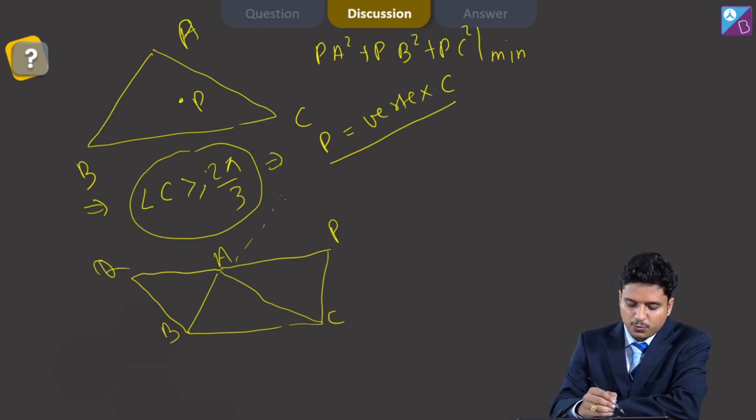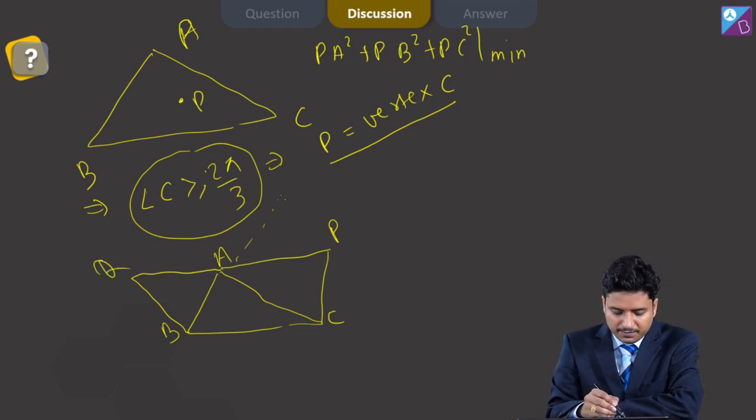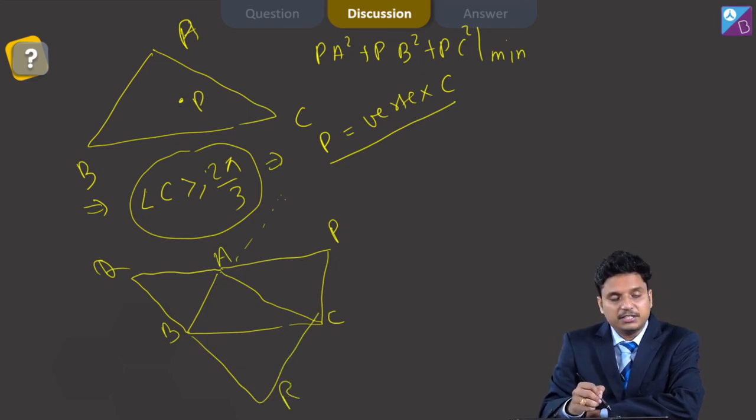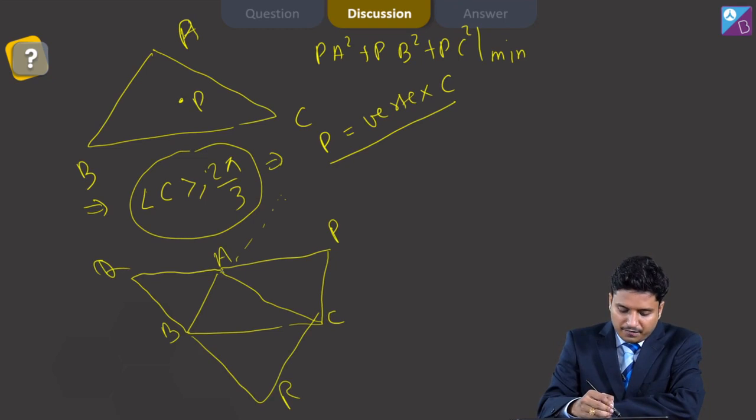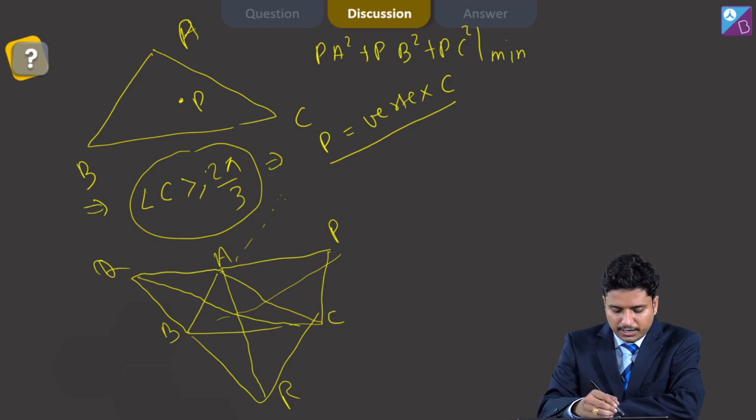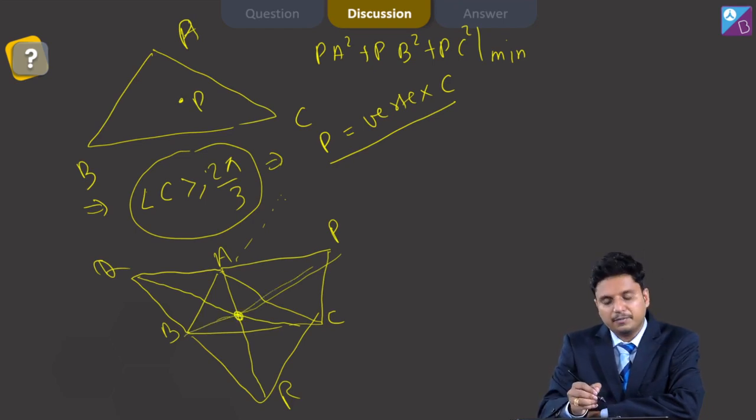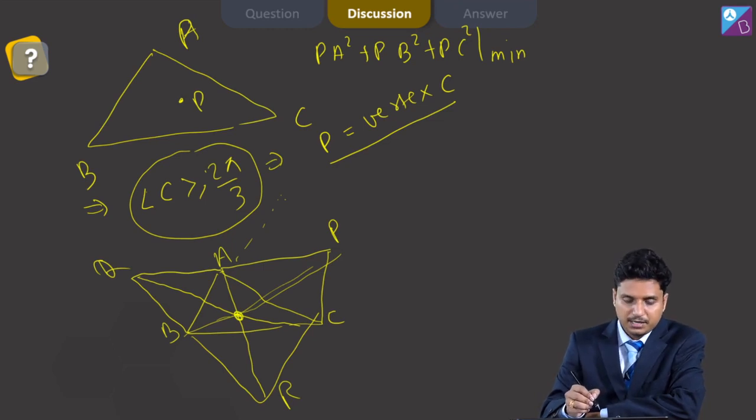Similarly here QA, QB and AB should be equal, and here RB, RC and BC should be equal. Now if we join each vertex to the opposite one, these are going to be concurrent lines, and that point will be your correct answer for the required P.